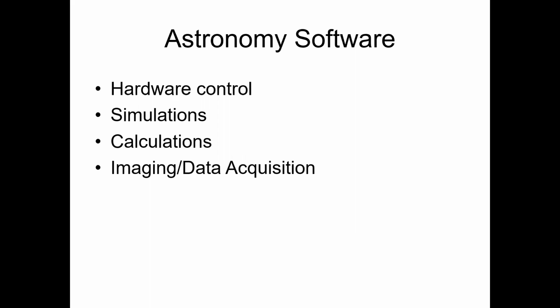There are tools for that, and then there's the data collection and data storage part, which is basically imaging and data acquisition. There are different software to do that and different software to process the data. So the first one is hardware control.